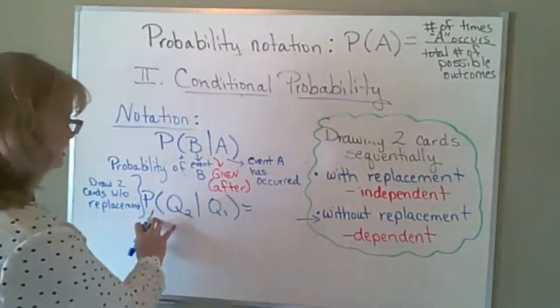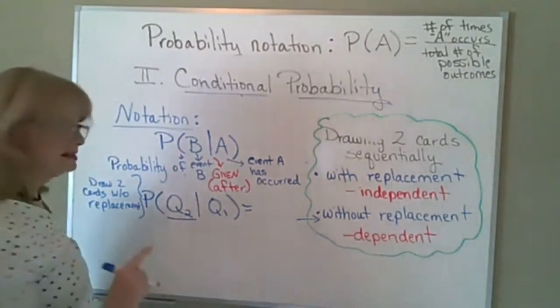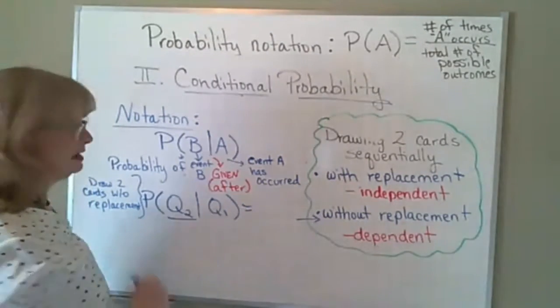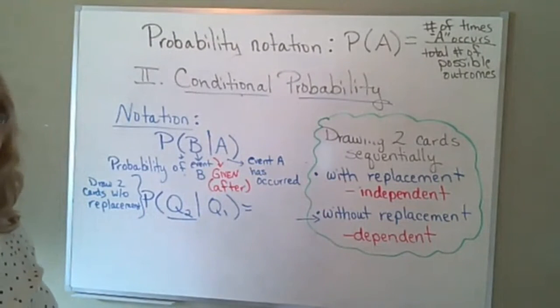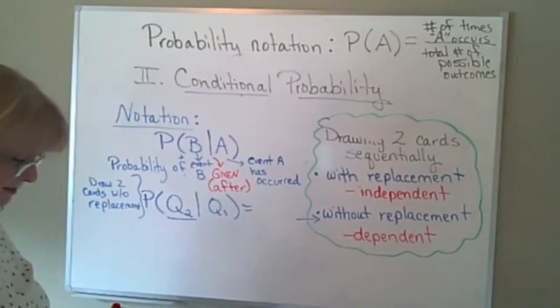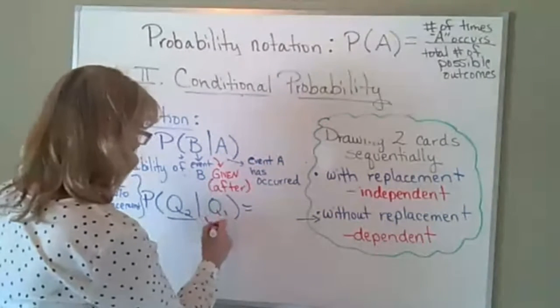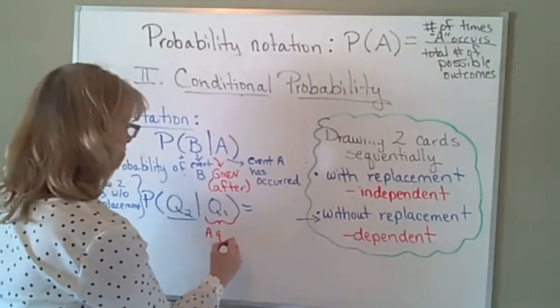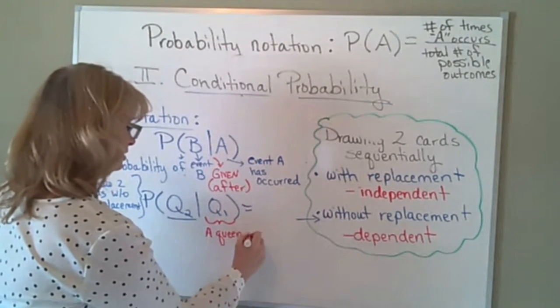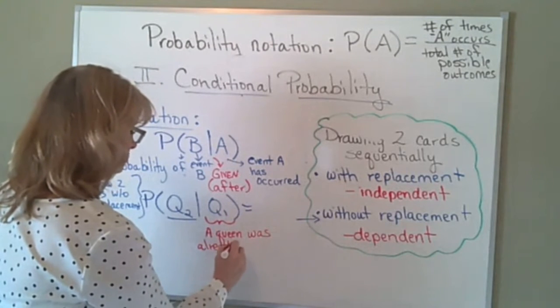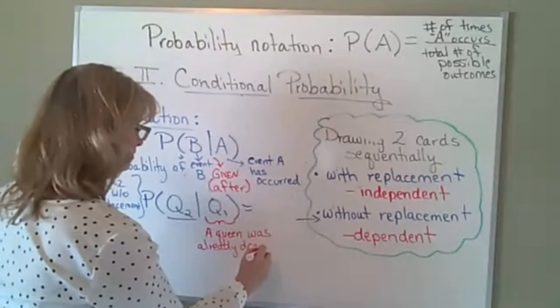So this is asking, what's the probability we get a queen on the second draw? That's really the question. But it's telling you that something else already happened. So this is telling you a queen was already drawn.